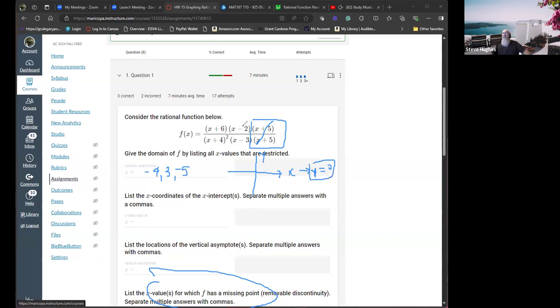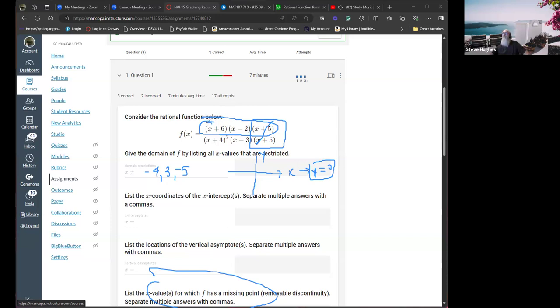What's the only way for this function to be 0? The only way for it to be 0 is for the numerator to be 0, right? It's a fraction. The only way a fraction can be 0 is if the numerator is 0. If the denominator is 0, it's undefined. If the numerator is 0, the function is 0.